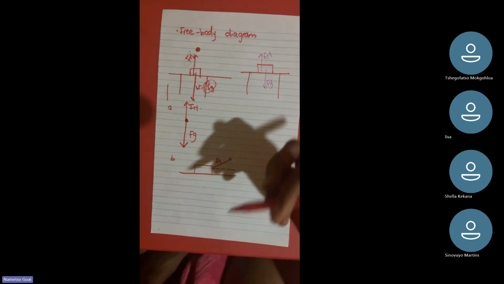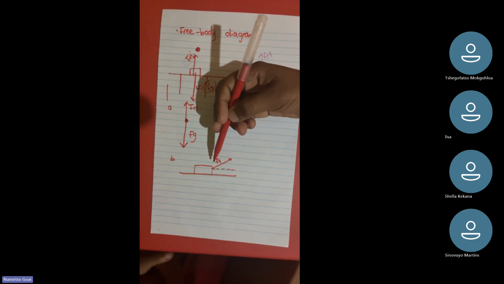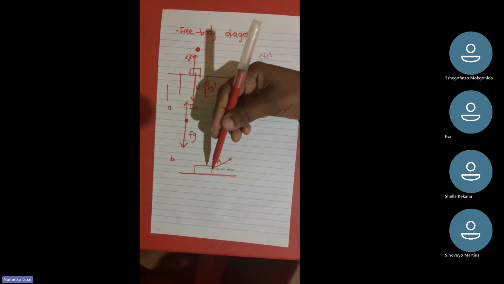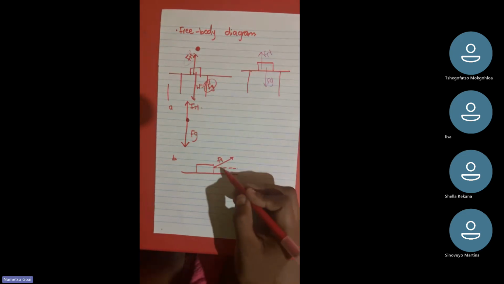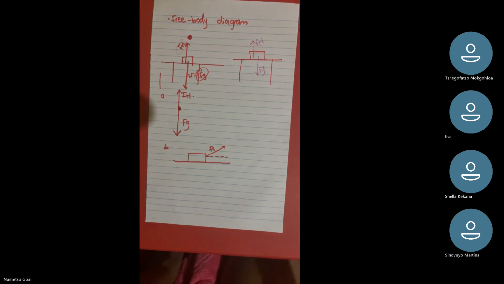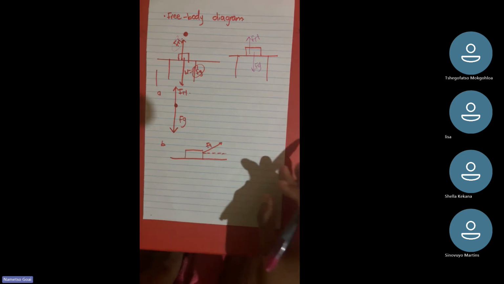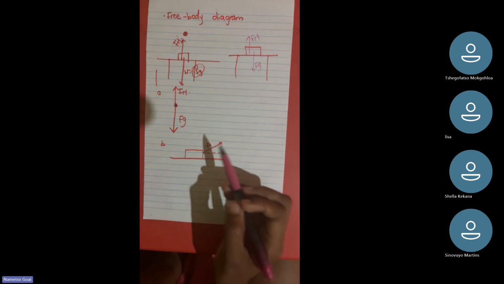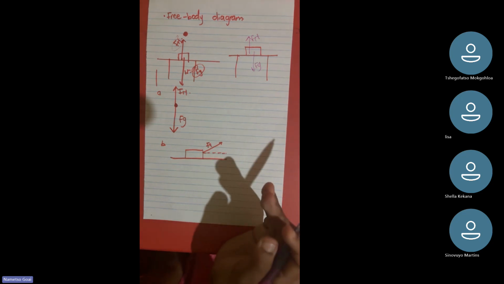Let's say a string is attached to this block and you're pulling at this angle. When you draw a free body diagram, listen attentively: you do not have to break down the force applied into its components. You are going to be incorrect. Your marks will be deducted.